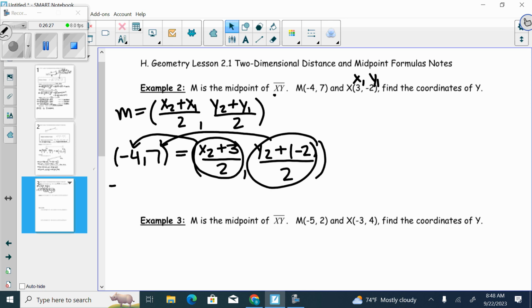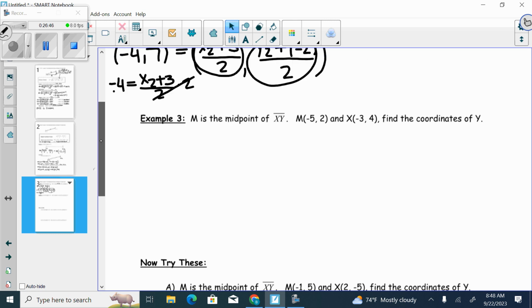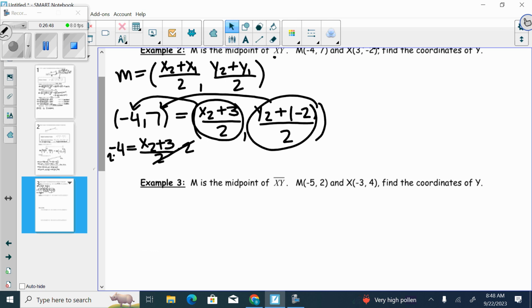So if I had -4 is equal to x2 plus 3 over 2, what would we want to do first here to get rid of that fraction? Multiply both sides by 2. So I multiply this side by 2, it cancels out. I multiply this side by 2. And what is 2 times -4? So I got -8 equals x2 plus 3.